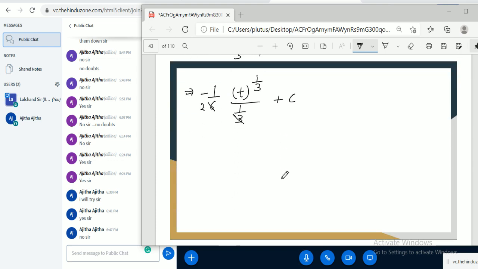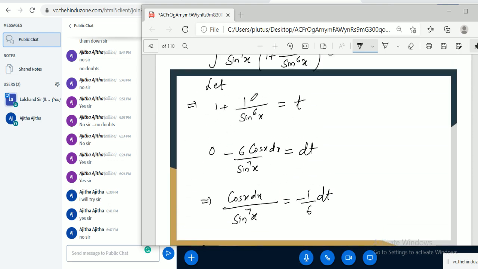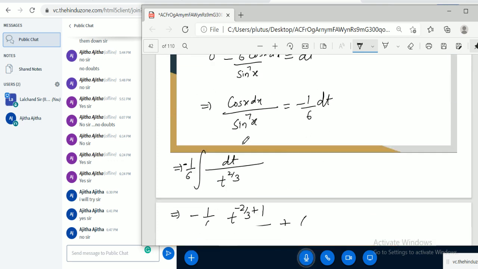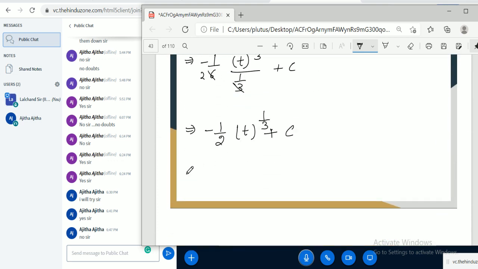So this equation is simplified to minus 1 by 2 t to the power 1 by 3 plus c finally. Okay, so what is the value of t? t value is, if you look at here, 1 plus 1 by sin to the power 6x. If we back substitute here, then we have minus 1 by 2 (1 by sin 6x plus 1) power 1 by 3 plus c.